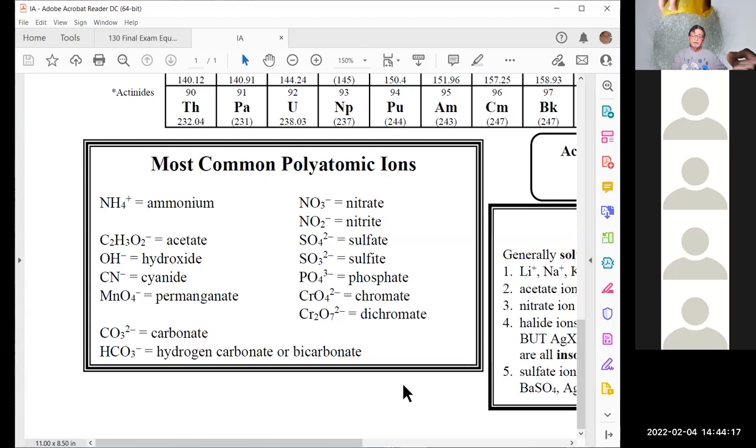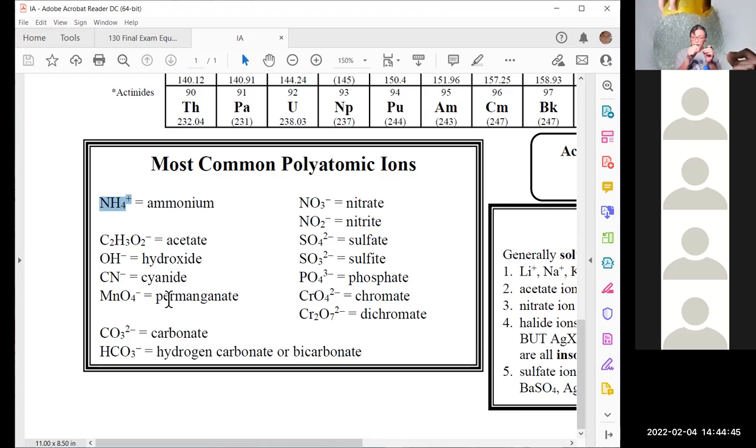combine these and make a variety of compounds. All right, so let's go back to this one. Oh, before I leave it, notice the one here I just mentioned, the parentheses. In parentheses, the polyatomic ion has a name called ammonium. The names for these polyatomic ions, we don't change them.